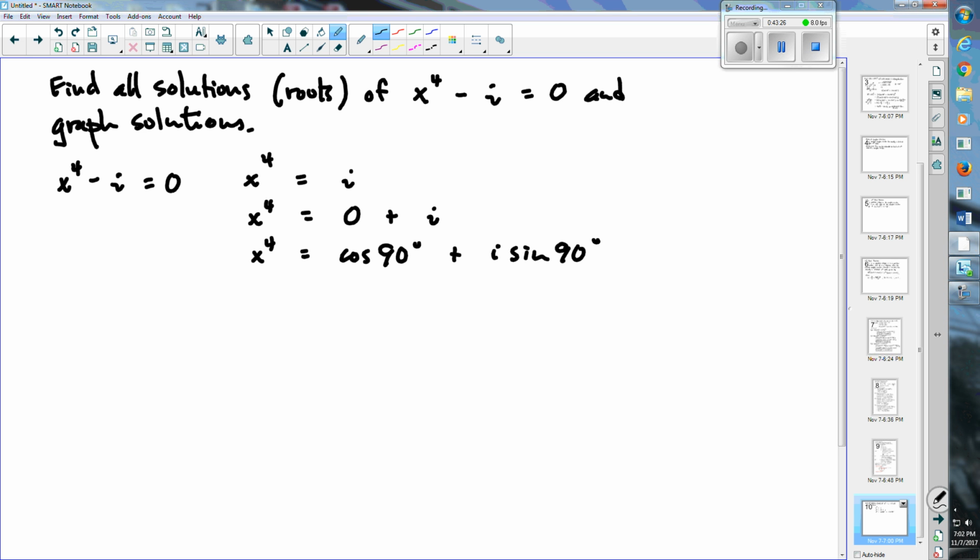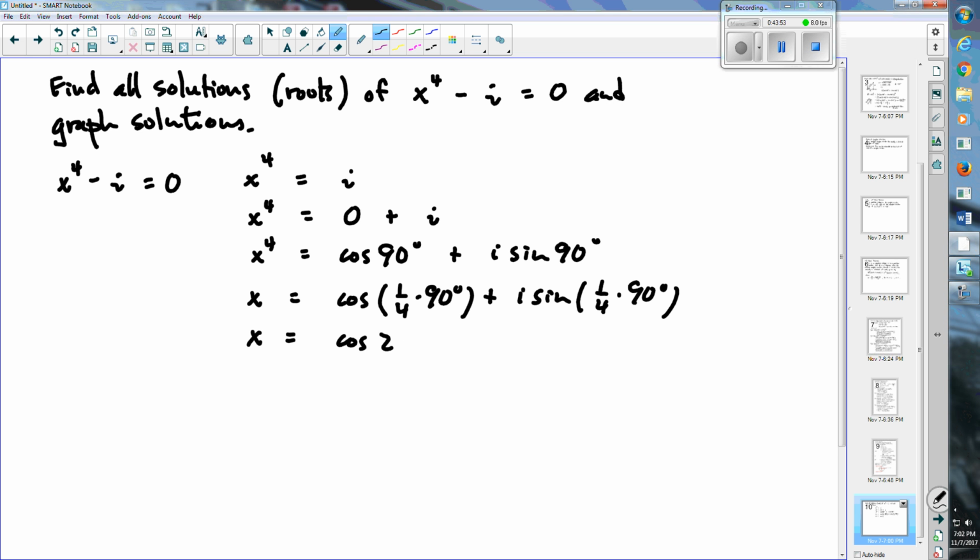So we'll take the 4th root of each side, so this gives us x, and that would give us the cosine of 1/4 times 90 degrees, plus I times the sine of 1/4 times 90 degrees. So x is equal to the cosine of 90 divided by 4, which is 22.5 degrees, plus I times the sine of 22.5 degrees.